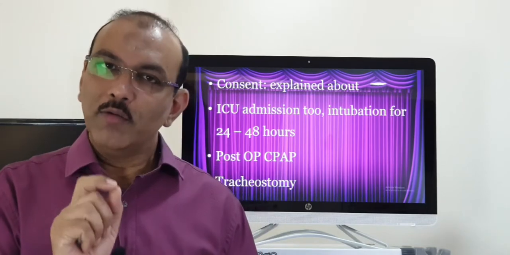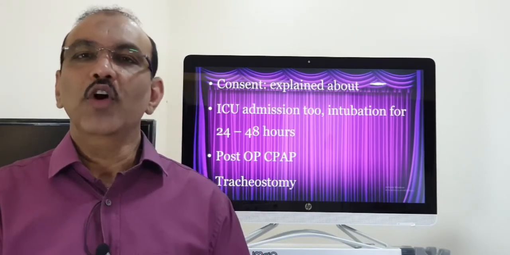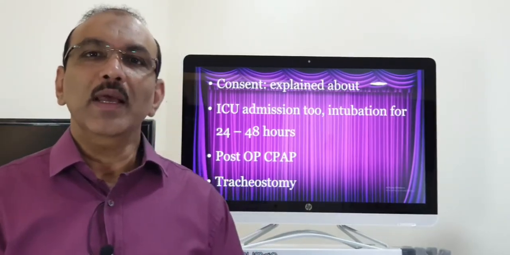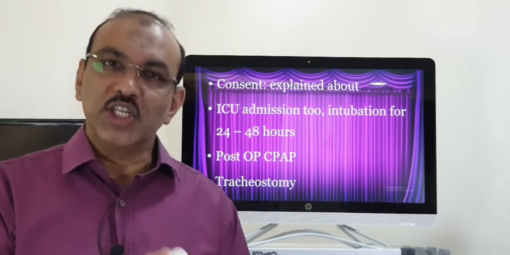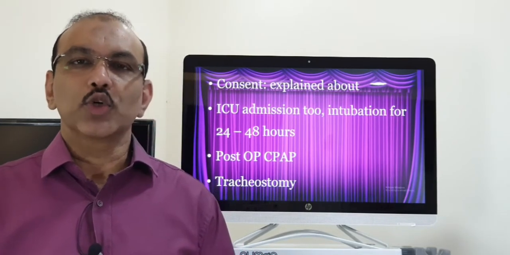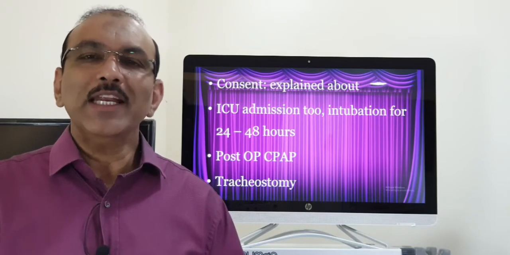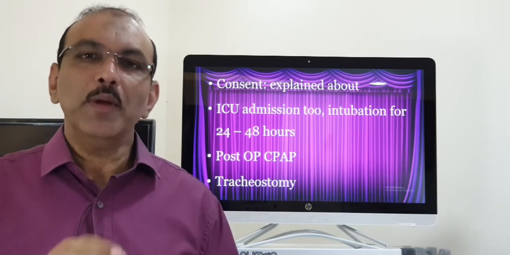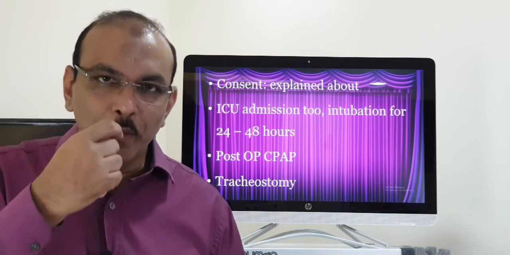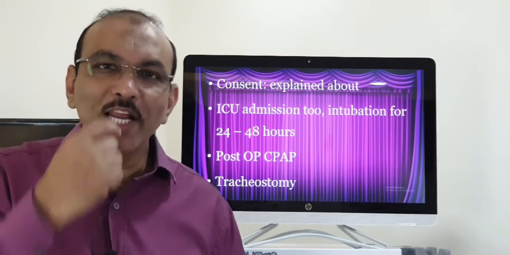So we will take a consent from you for tracheostomy also. That's what I have mentioned here. This tracheostomy may be done before the surgery as a planned elective tracheostomy, or it may be done after surgery when there is a trial of removing the tube and the anesthetist has failed to remove the tube.